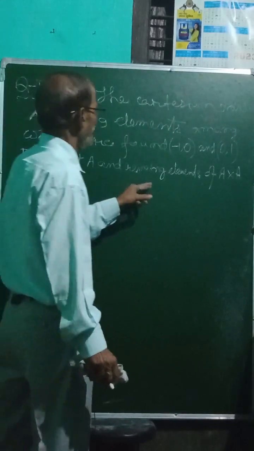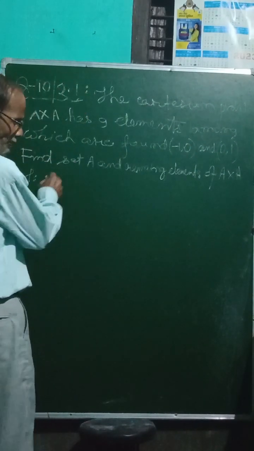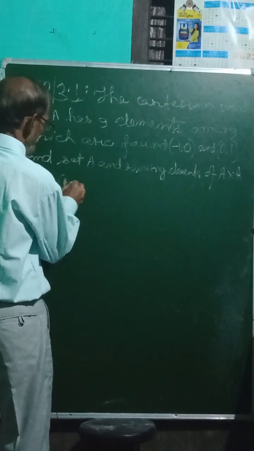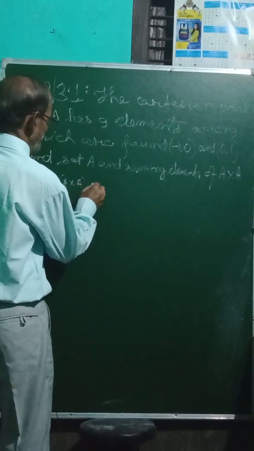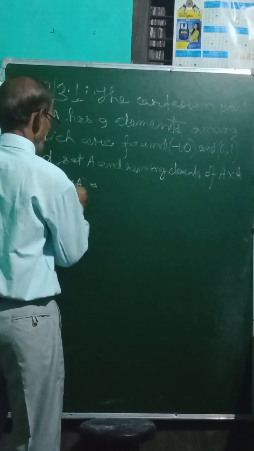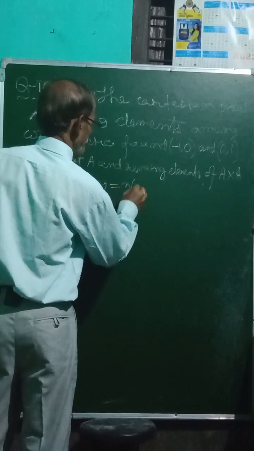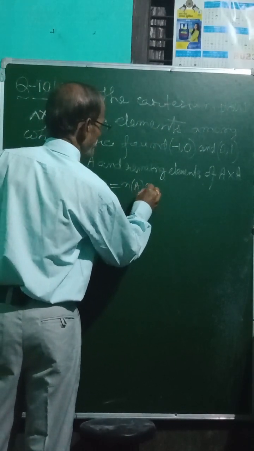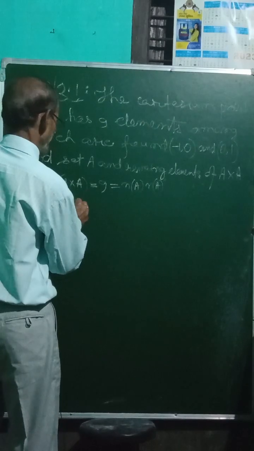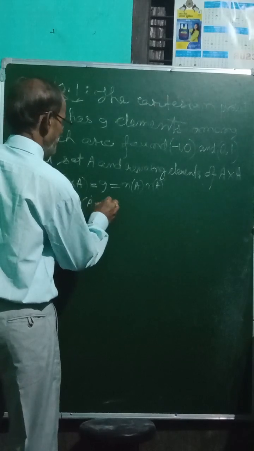Find the set A and the remaining elements of the solution. The number of elements in A cross A is equal to 9, equal to the number of elements in A times the number of elements in A, which implies the number of elements in A is equal to how many? 3.